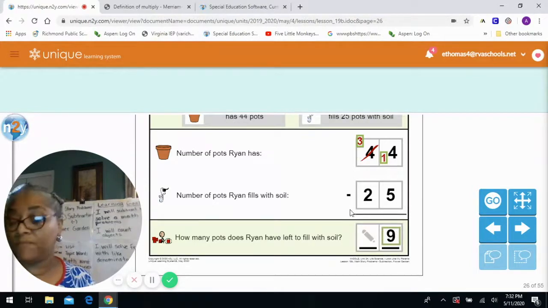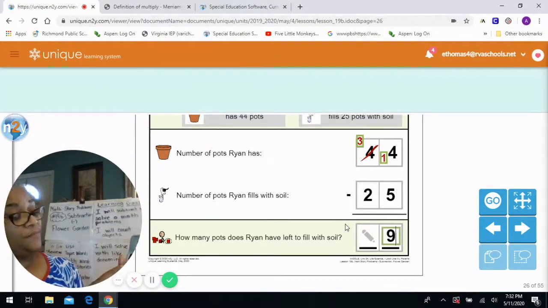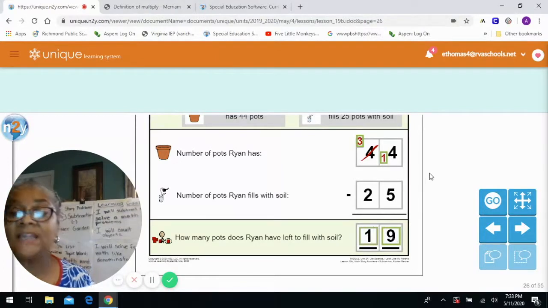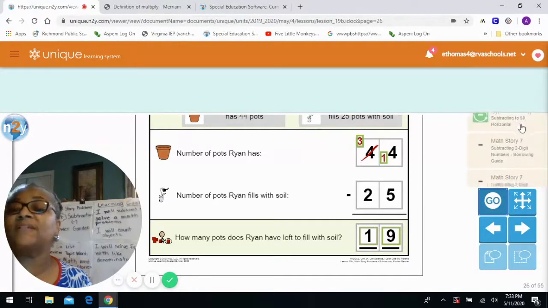What would that be? We can go back to our calculator. Sometimes if you get a little mixed up, you can go back to your calculator. Make sure you hit clear first, like I didn't do last time. So it's 3 minus 2 equals 1. Okay, so we put that there. And what is our answer? 19. Excellent. Beautiful.